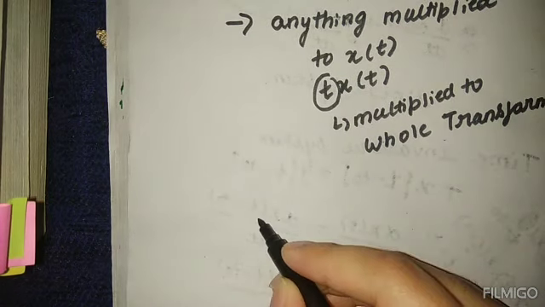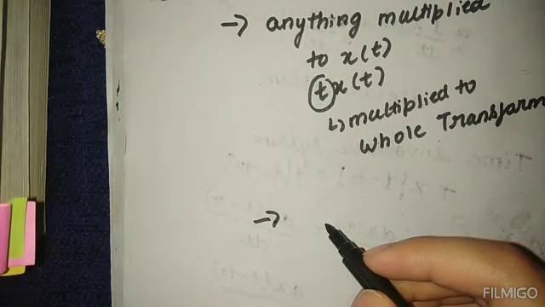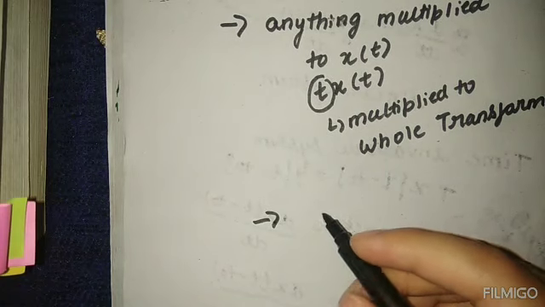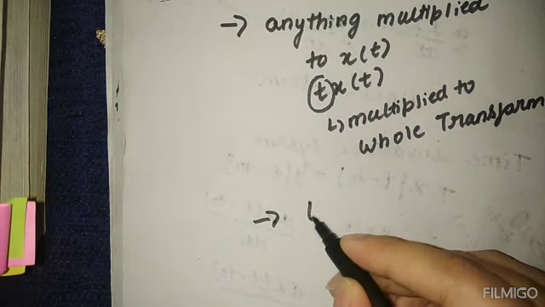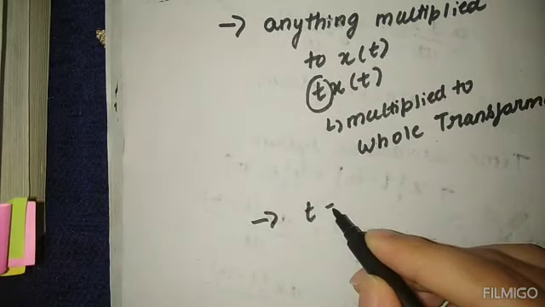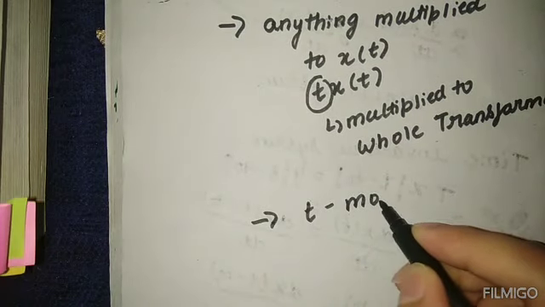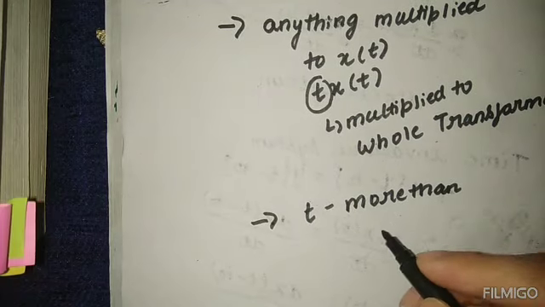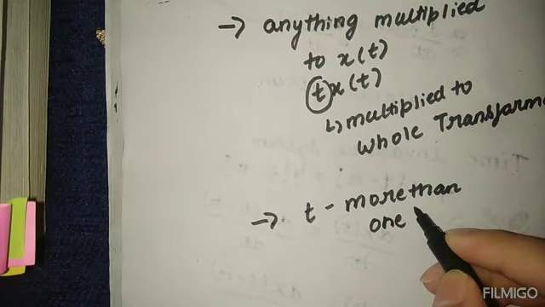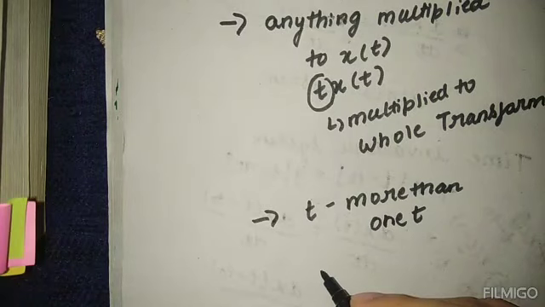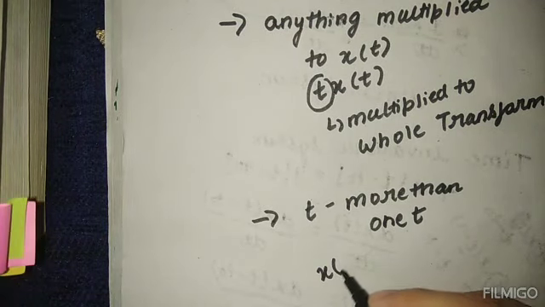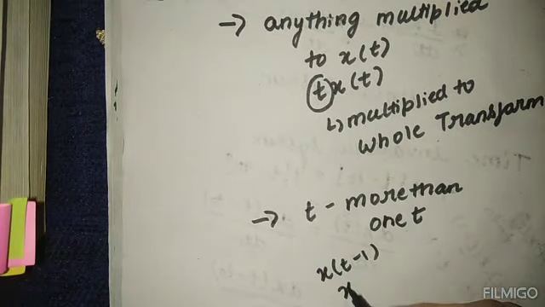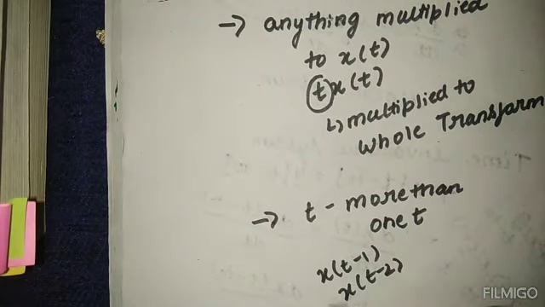And the second thing, in the case of the time invariancy concept, you need to make sure about the t which is not associated with x. If you get more than one t, those are directly time variant systems, but that t should not be associated with x again, like you should not get x of t minus 1 or x of t minus 2 along with x of t.